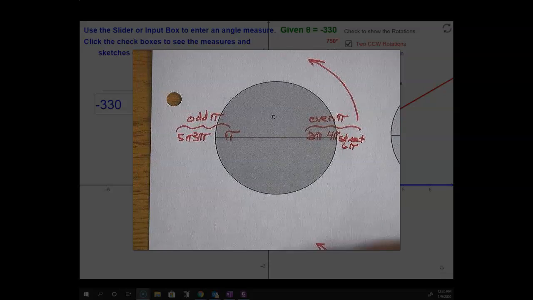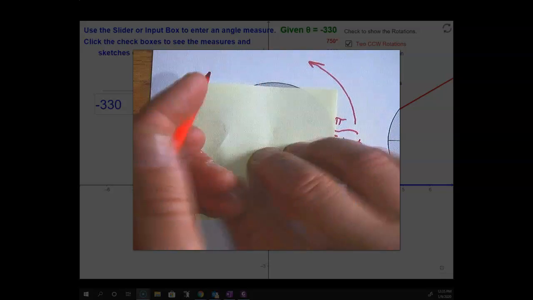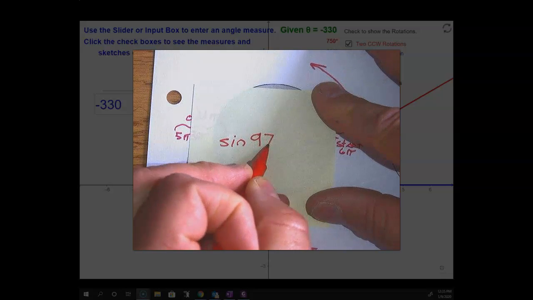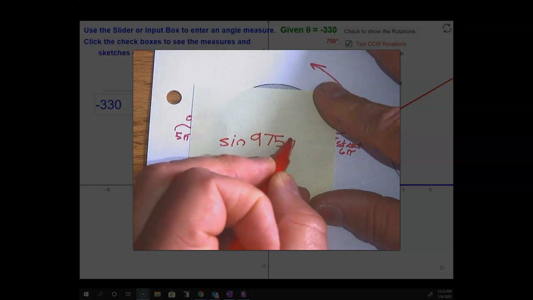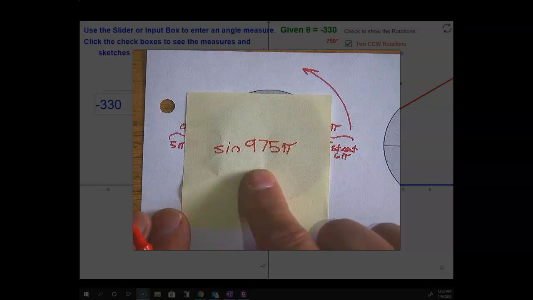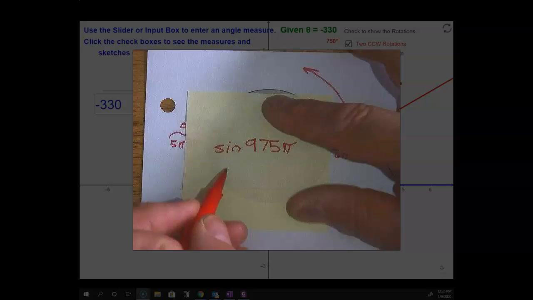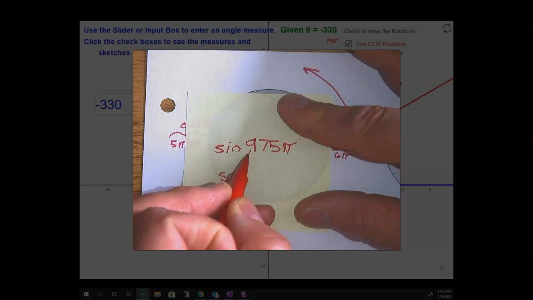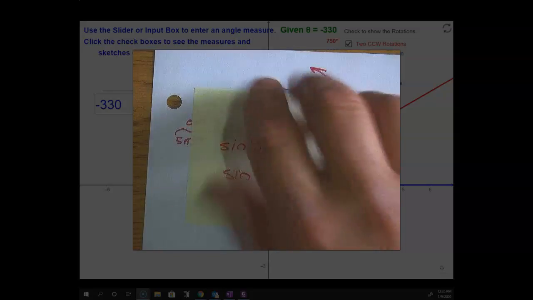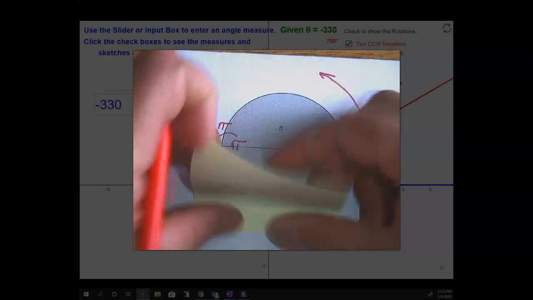So if I said, what is the sine of 975 pi? Well, that angle and this are the same thing. 975 is odd.